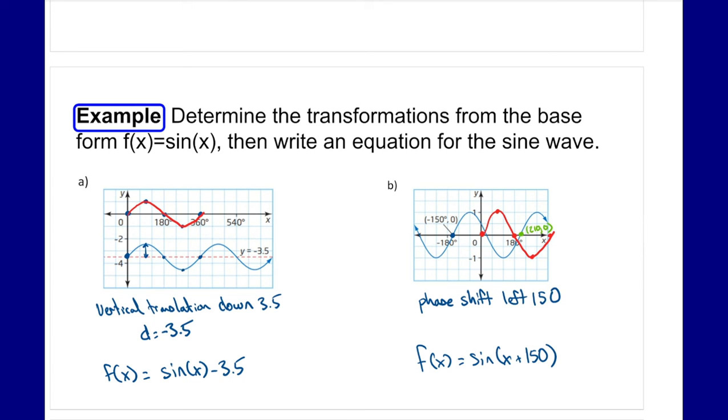So I could adjust that, or if I knew that actual value, I could put it as a phase shift right, whatever that value is. But because I don't know for sure, I'm just going to use the value that they give me. But in some cases, you could have different phase shifts. You could be either shifting left or shifting right, depending on how you see it.